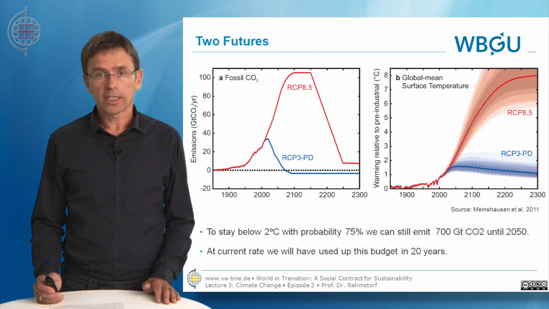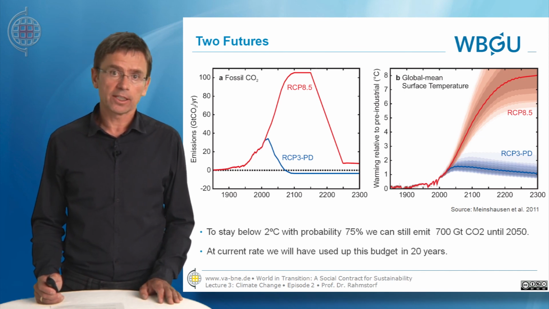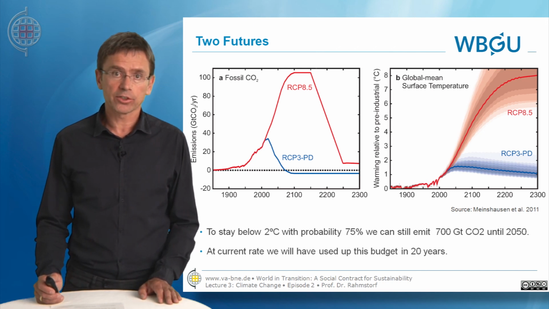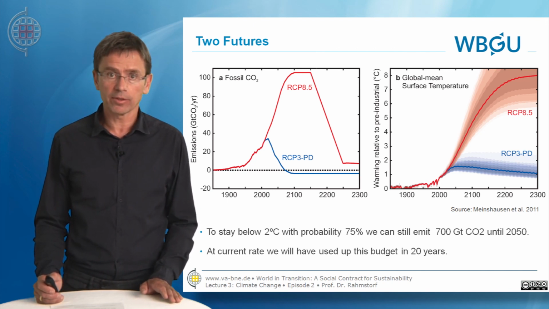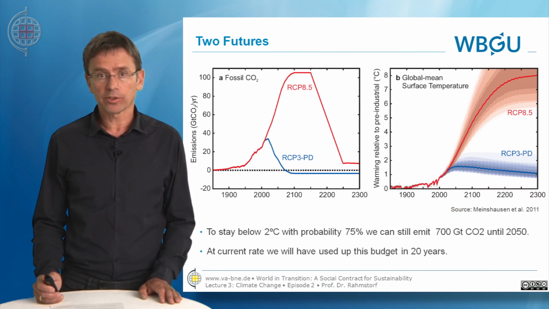And the reason why it has become a race against time is because we did not act early enough. For example, 20 years ago in 1992, the Rio summit decided to stop global warming, to stabilize the greenhouse gas concentrations in the atmosphere at a safe level. But the emissions did not decrease after that, but rather they increased and increased further.